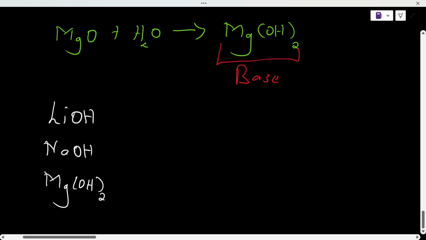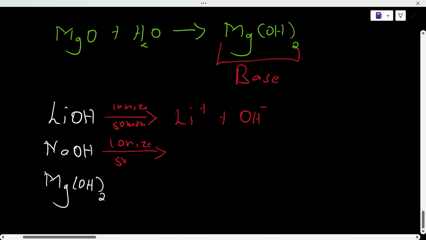Now, if this was supposed to ionize in solution, what will we form? I'll form Li positive plus OH minus. It has justified the Arrhenius concept. If this one also was supposed to ionize in solution, I will form Na positive plus OH minus.